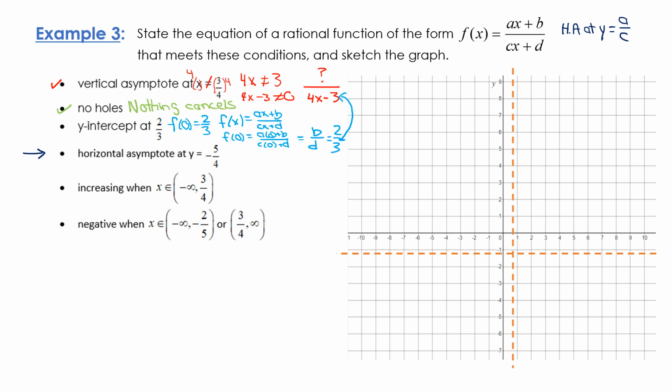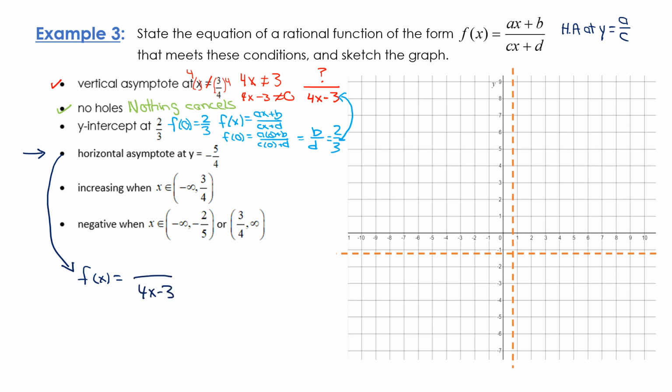Let's put what we've got together here. Let's look at our horizontal asymptote again. We've got a horizontal asymptote at -5/4. I'm going to write this down below because it's getting a little bit crowded here. What we've got is f at x equals something over 4x minus 3.